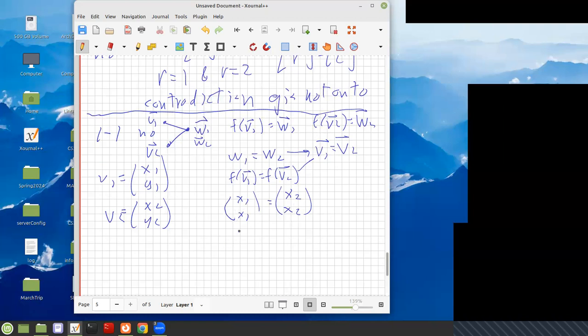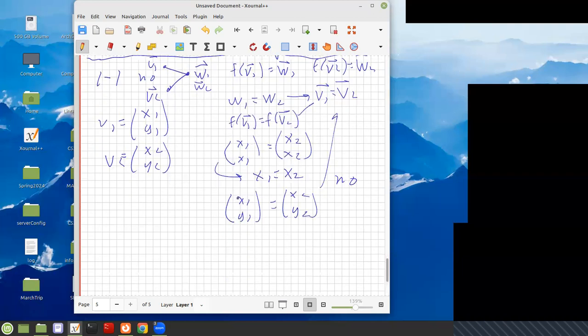I assume this, and I know that if this is equal, then x1 equals x2. Can I show that (x1, y1) equals (x2, y2)? The answer is no, I can't, because although x1 is equal to x2, I can choose y1 not equal to y2. So I have a counterexample.